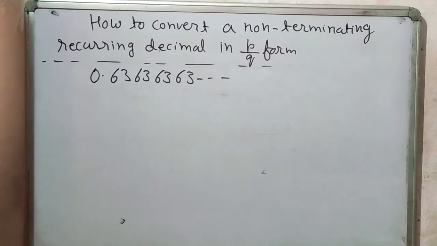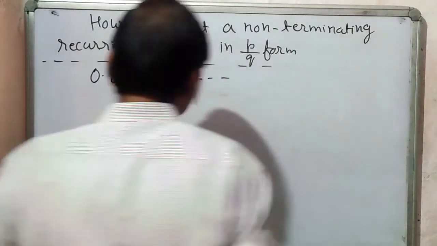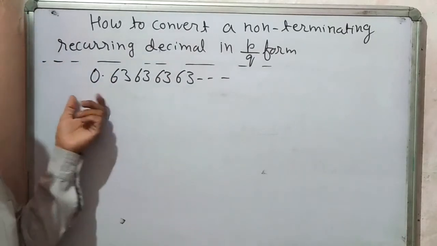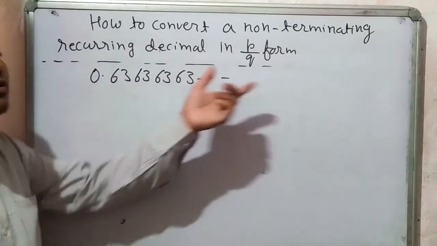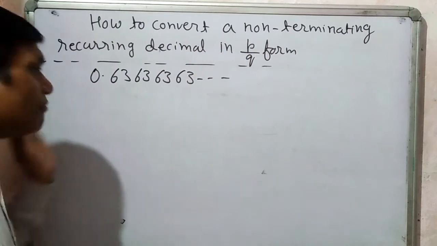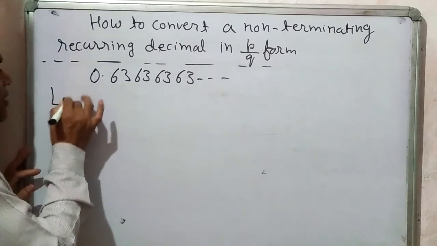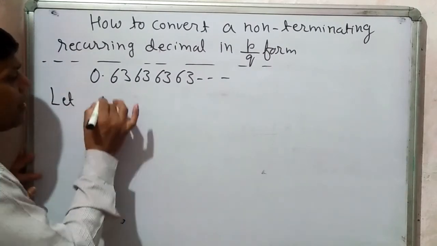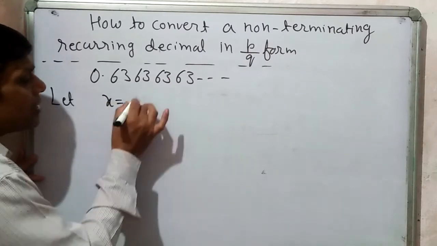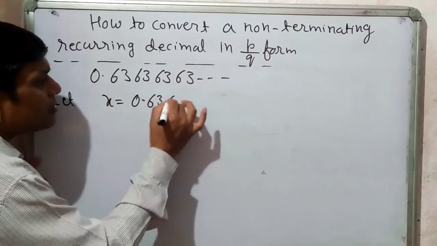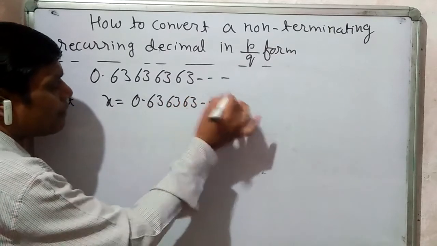Till now we had seen examples where only a single digit was repeated. This time we are taking an example where a set of two digits is repeated. We'll apply the same procedure with only a minor difference. We'll take x as 0.636363 repeated.